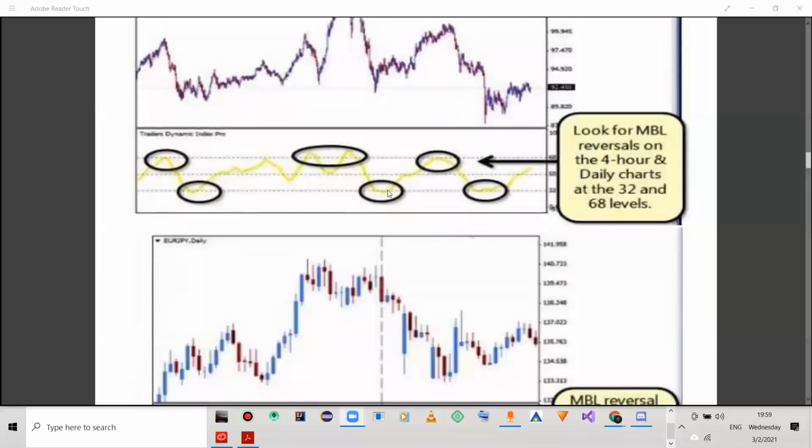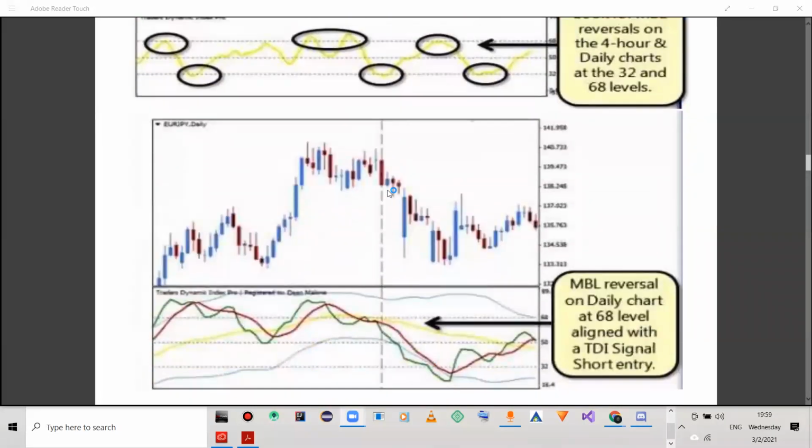Guys, you need to know this and understand this. As you can see, our market baseline, on a daily chart, EJ at the 68 level, aligned with TDI signal. The TDI signal is the one that I said we should refer to part 1.